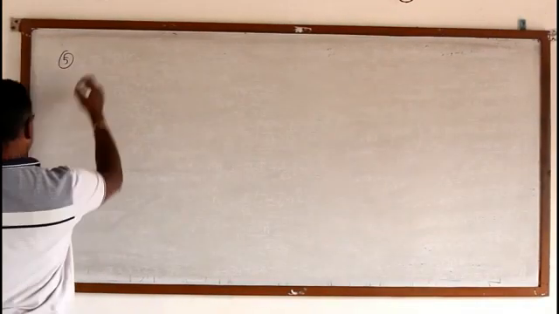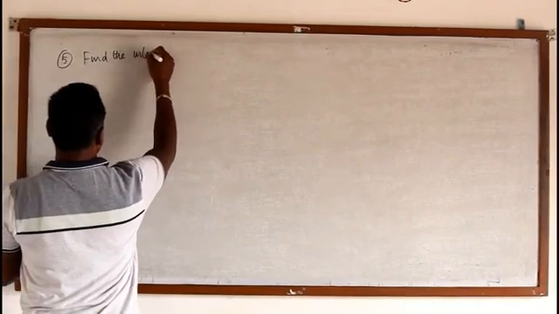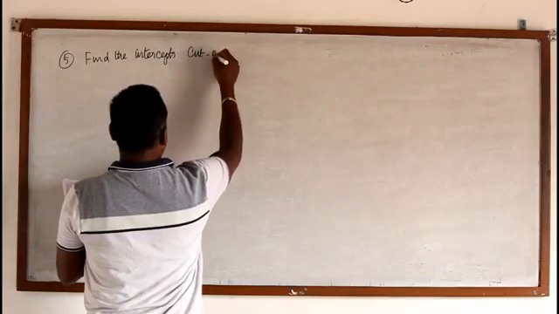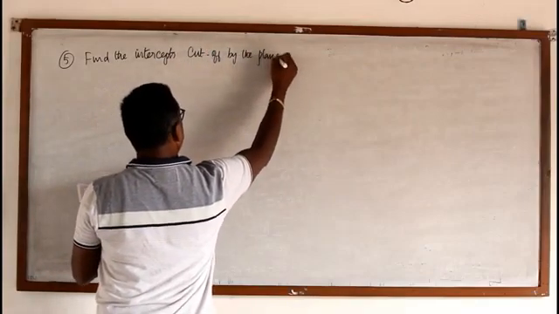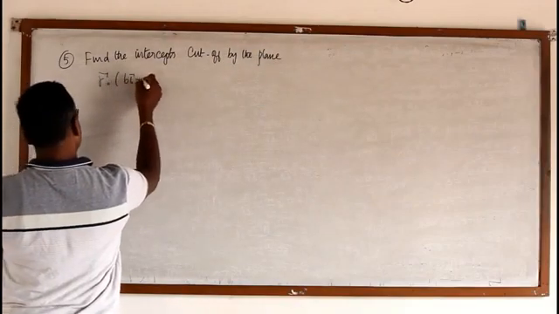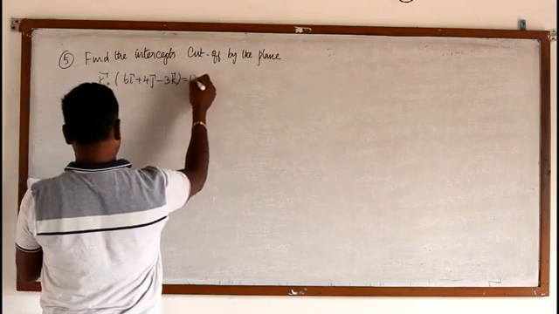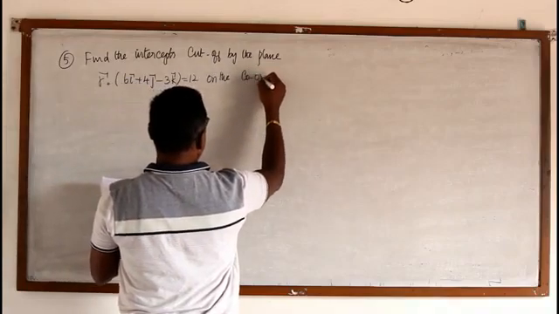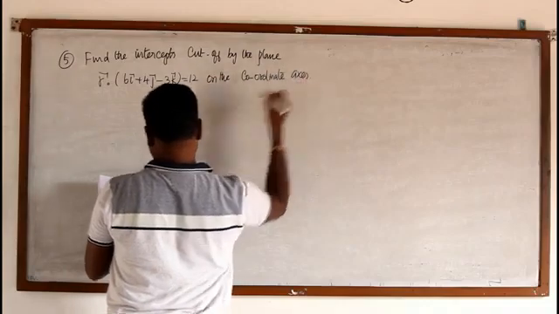Now, fifth problem. Find the intercepts cut off by the plane r dot 6i plus 4j minus 3k equal to 12 on the coordinate axes.